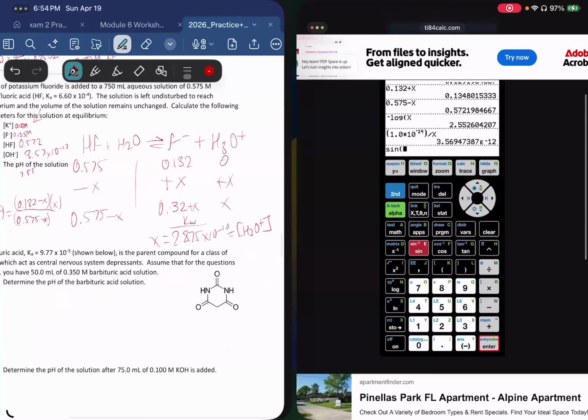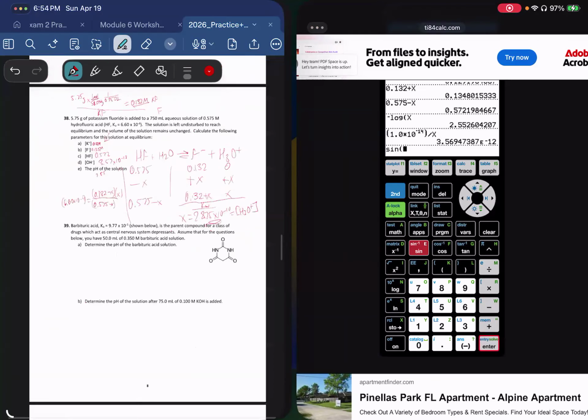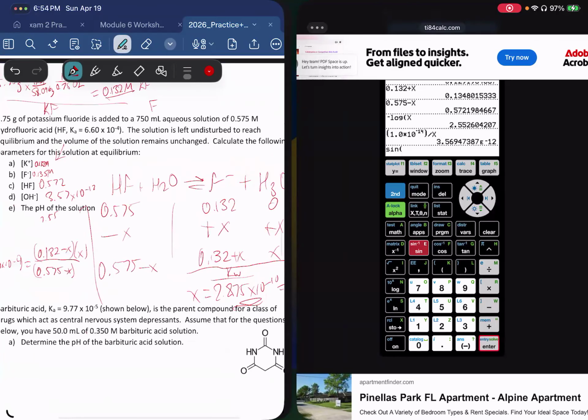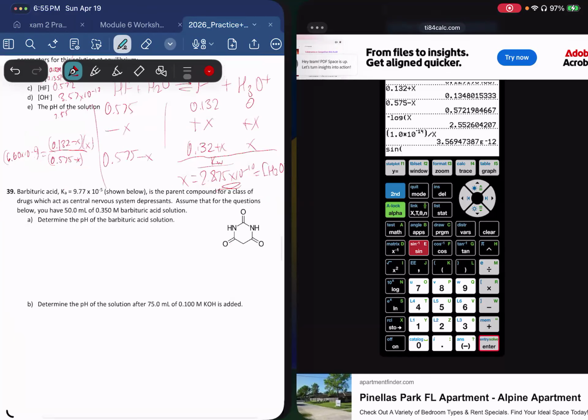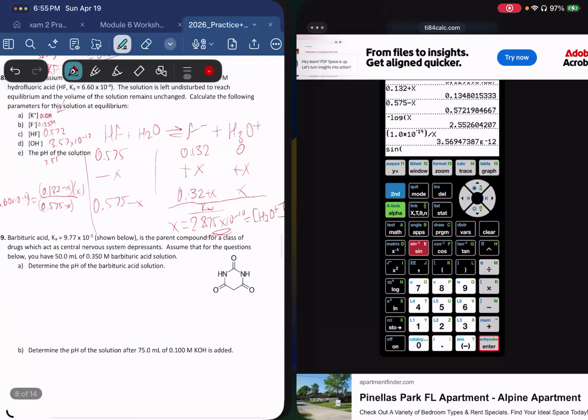You do ICE, you get the X value, and you plug in the X values accordingly to get the final results. It shouldn't have taken as long as it did, but I made a couple of mistakes, or I didn't follow it the way he intended. Does anyone have any questions about this first question? That was my fault, I'm so sorry.